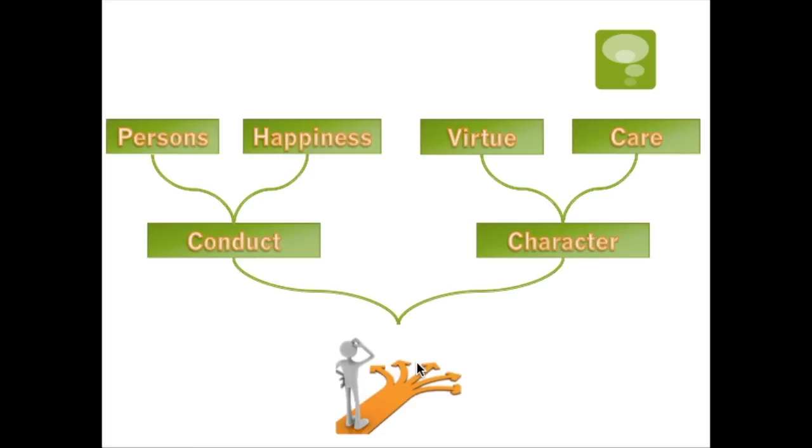It tells you what the right thing to do is, depending on what aspect of the situation you take to be the most important. A first distinction is between whether your focus is on conduct or on character. If your focus is on conduct, that is, on which action you should undertake, you will have two possible options.